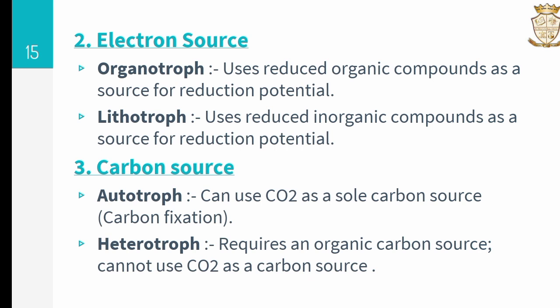Organotrophs use reduced organic compounds as a source of reduction potential, and lithotrophs use reduced inorganic compounds as a source of reduction potential. The third one is carbon source. They are categorized into autotrophs and heterotrophs. Autotrophs can use CO2 as a sole carbon source, while heterotrophs require an organic carbon source. They cannot directly use CO2 as a carbon source.